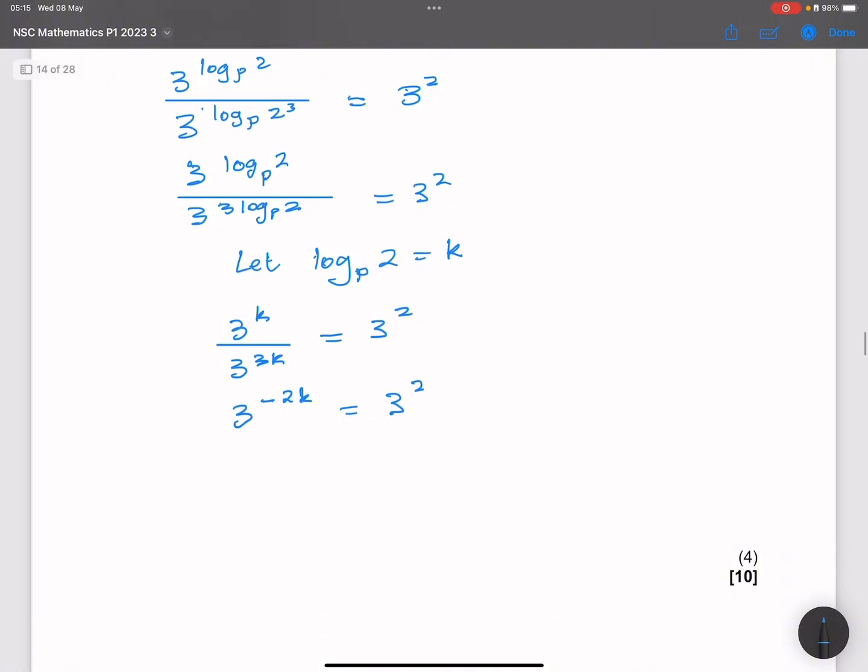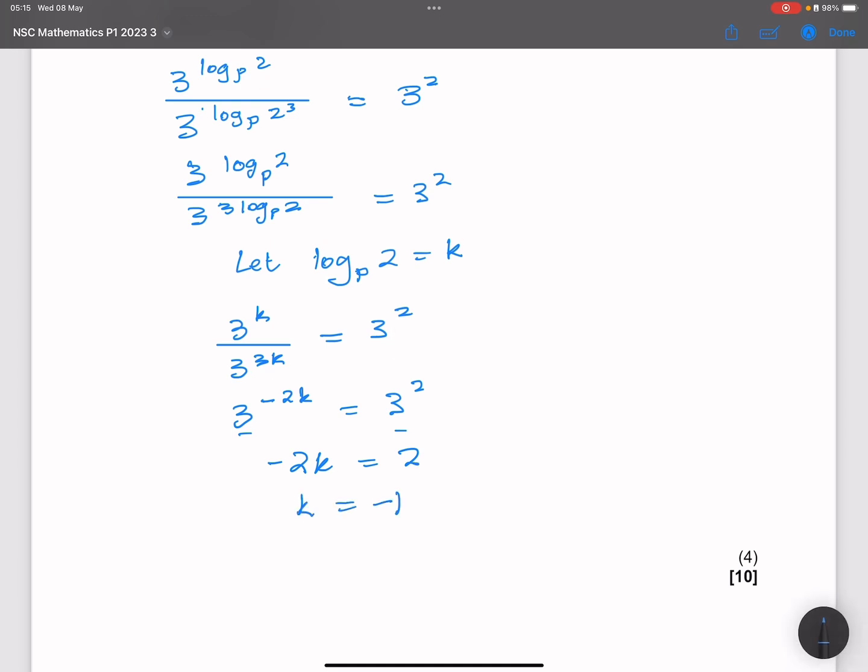In that case, my bases are the same, and I can now drop the exponents. So minus 2k is equal to 2. So k is equal to -1.